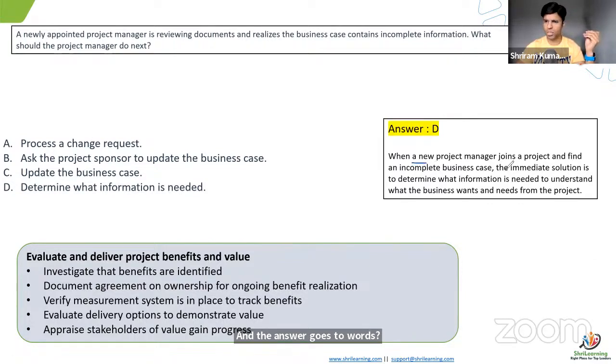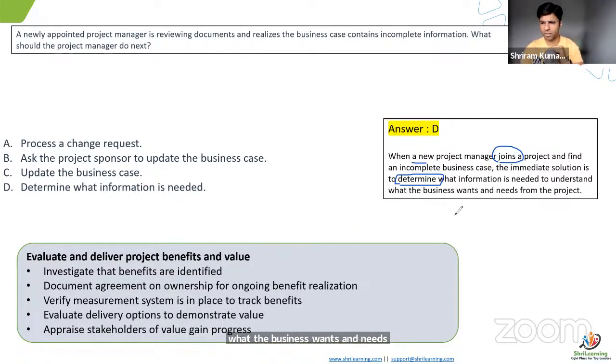When a new project manager joins a project and finds an incomplete business case, the immediate solution is to determine, and this is important, what information is needed to understand what the business wants and needs from the project.